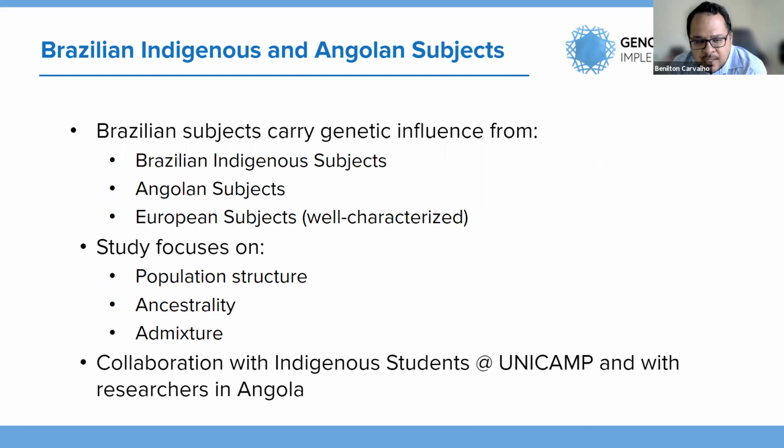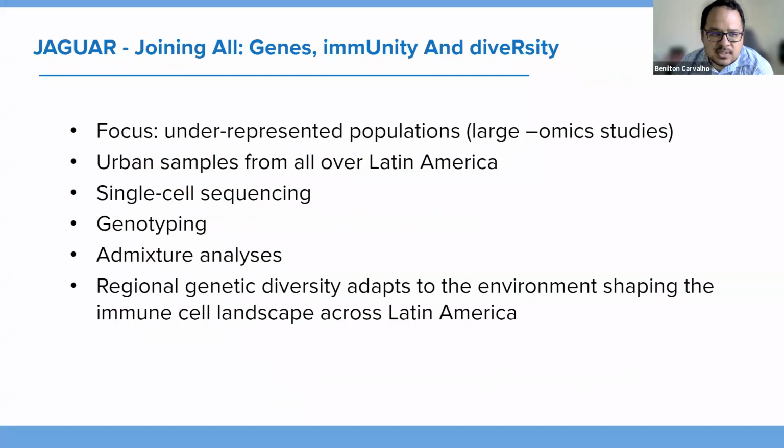So we are focusing on the first two groups, and the idea is to study population structure, ancestry, and admixture. This is only possible because we have good collaborations with indigenous students here at University of Campinas and researchers in Angola.